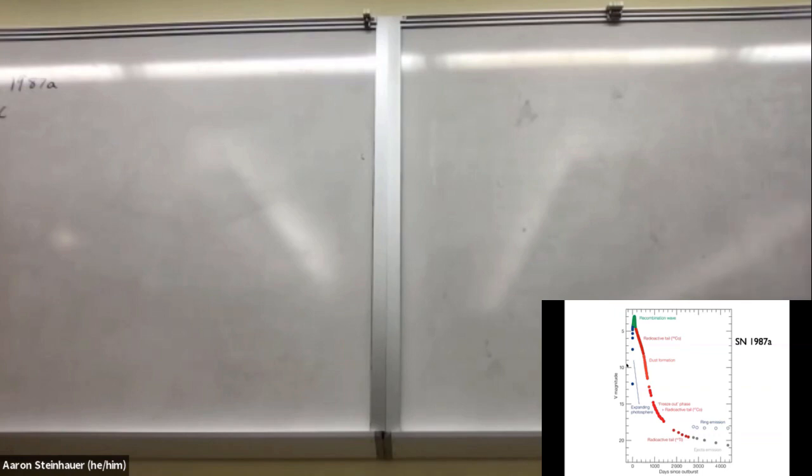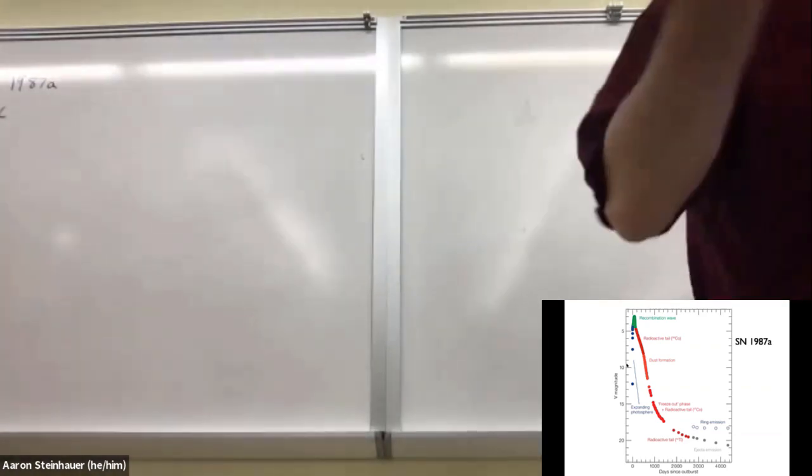But interestingly, after the first several days, the dominant source of luminosity for these supernovae tends to be radioactive elements decaying. And this first one is radioactive cobalt-56, which again, these elements are generated in large quantities by the supernova itself, and they're radioactive.